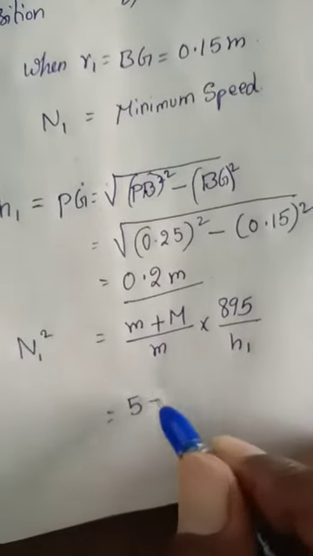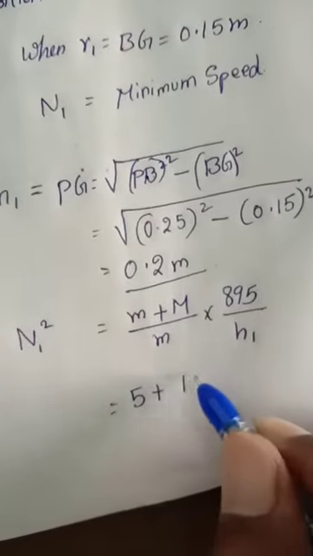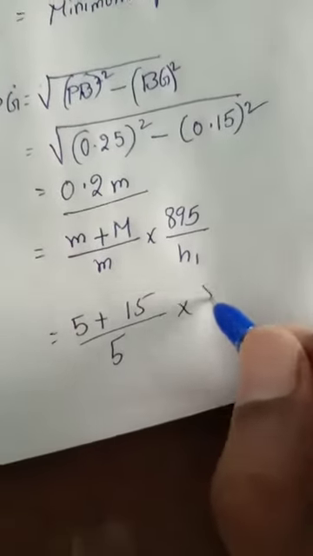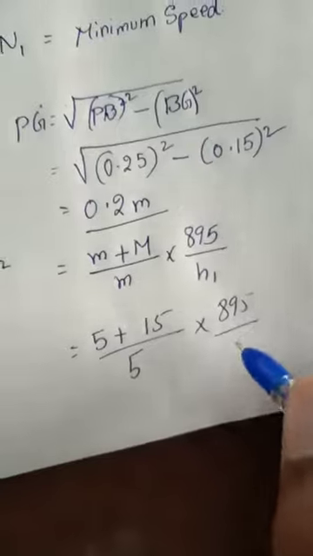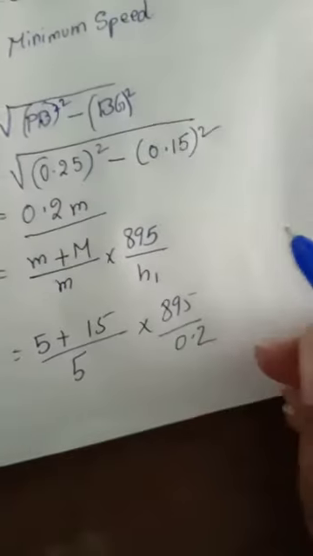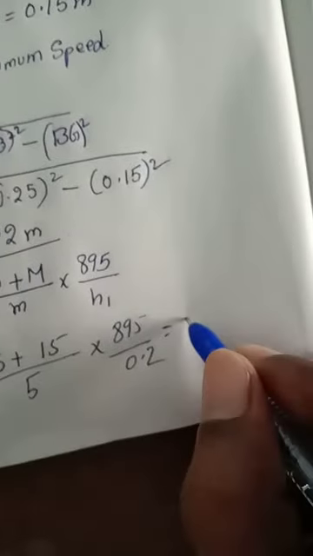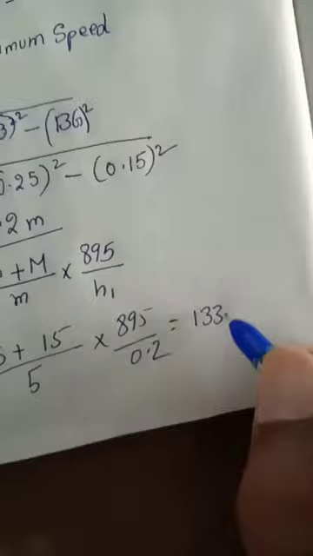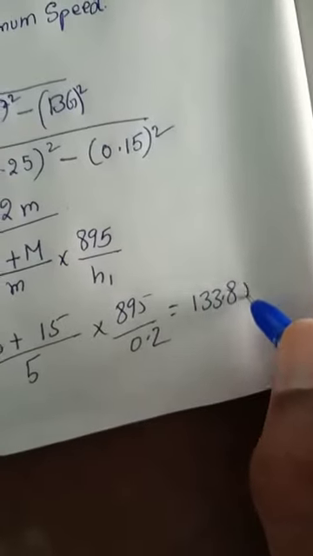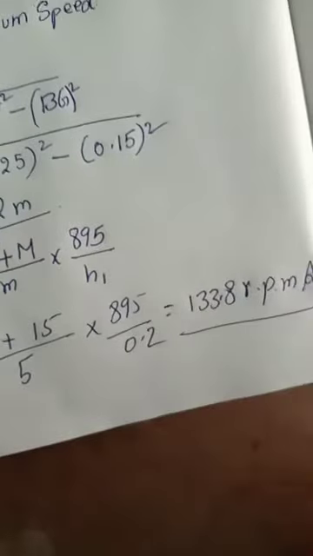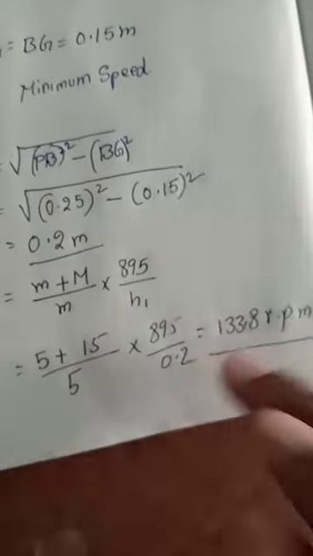Substitute all these values here and we get the answer, approximately 133.8 rpm. Okay, so this is the answer, right?